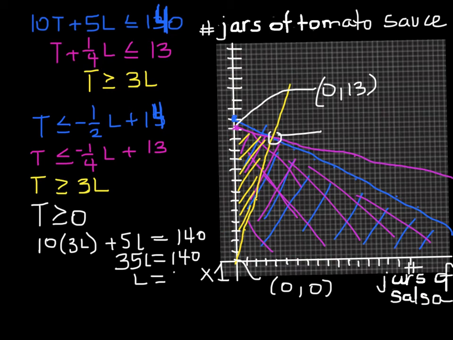If I divide that, this should equal 4. So this point is L is 4, which is my x. And if I put 4 into here, that means T is going to be 3 times 4, so T is going to be 12. So those are my 3 intersection points.